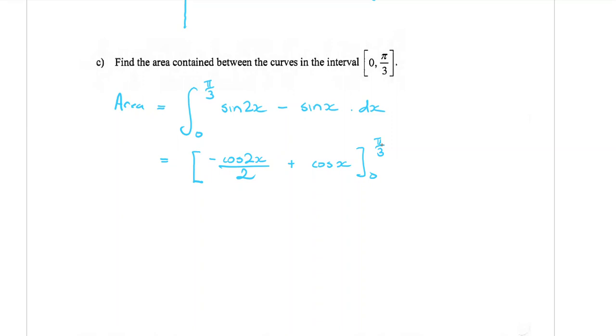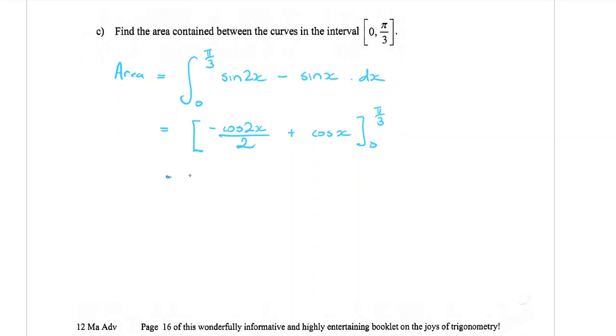Now we start subbing things in. We go minus cos of 2 pi over 3 all over 2, plus cos of pi over 3, and then minus, sub the 0 in, minus cos of 0 over 2 plus cos of 0.